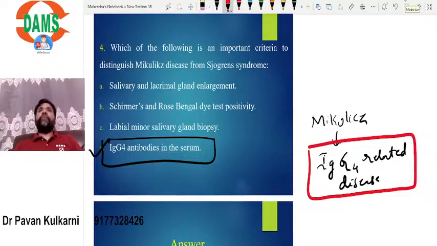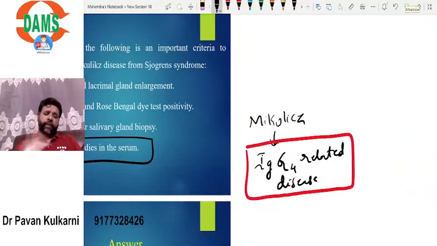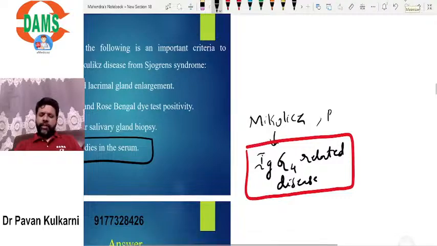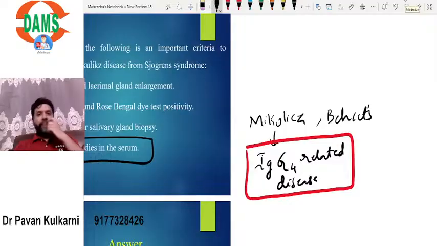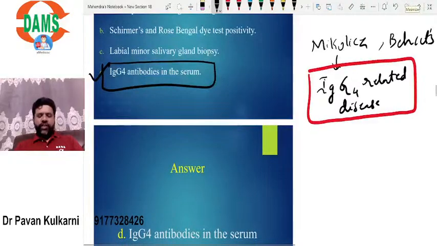There is a group of IgG4 related diseases, like Mikulicz is one example. We have Behcet syndrome. We have Kuttner's tumor. All these are called IgG4 related disease. So basically, Mikulicz is an example of IgG4 related disease.